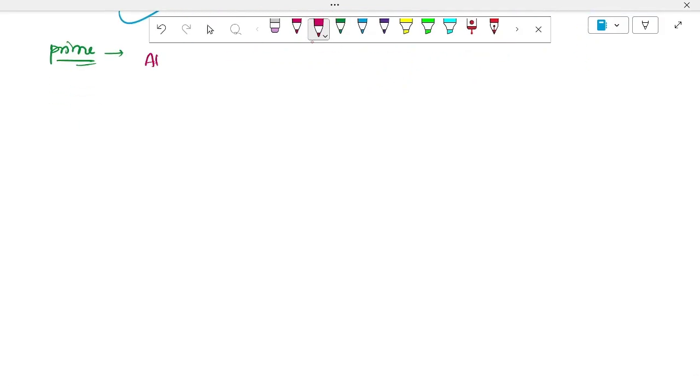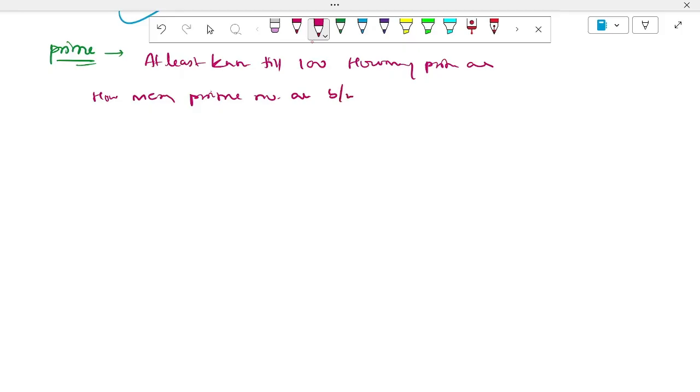At least you should know how many prime numbers there are till 100, because in exams sometimes you'll get a question: how many prime numbers are between 1 to 100? They will give you options. First one 20, second one 22, third one 25, fourth one 27.